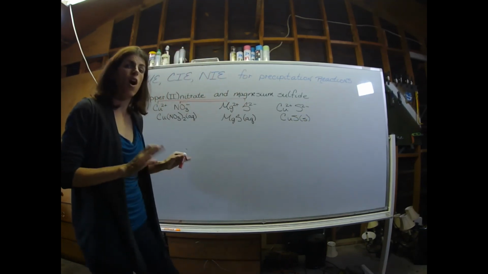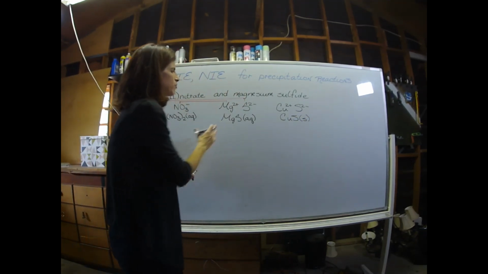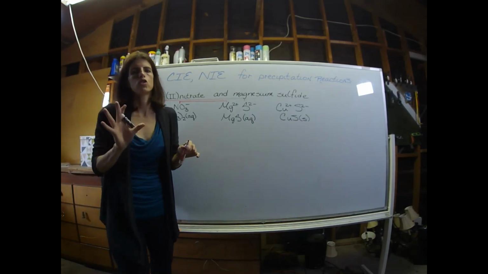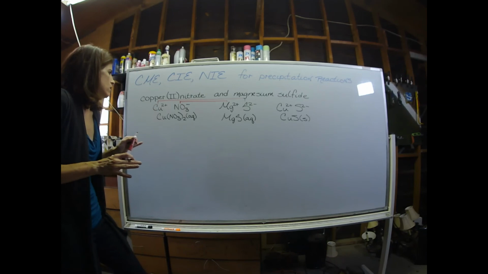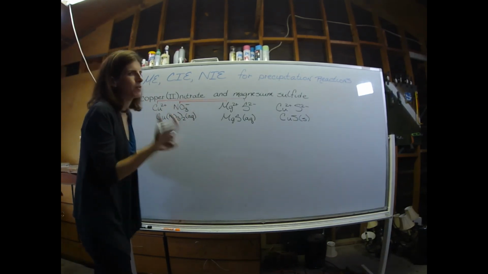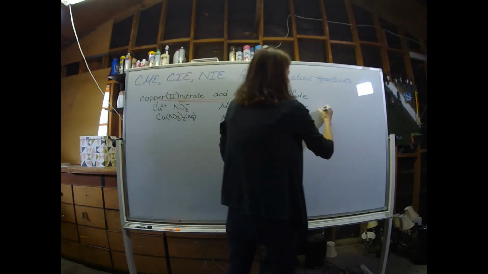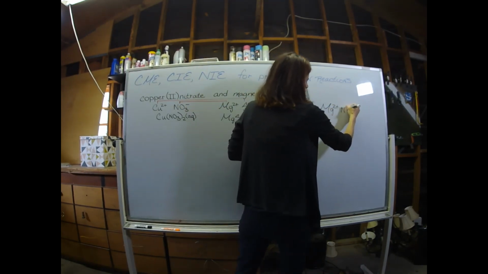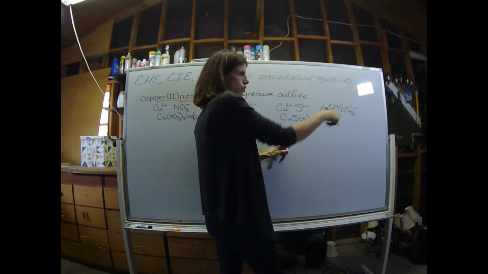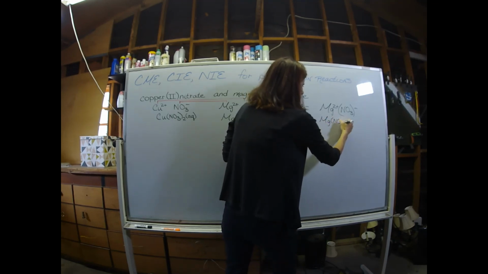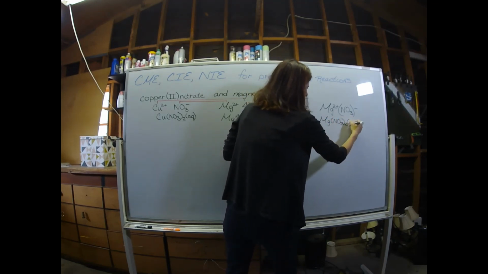Most sulfides are solids with the exception of whenever they combine with group 1A or 2A ions. The other one is going to be the magnesium nitrate. I have to rewrite that, but nitrates are always soluble. Rewrite it, reorder it. Magnesium first, nitrate second. And I'll crisscross down the 2 to give me Mg(NO3)2, and that's going to be aqueous.